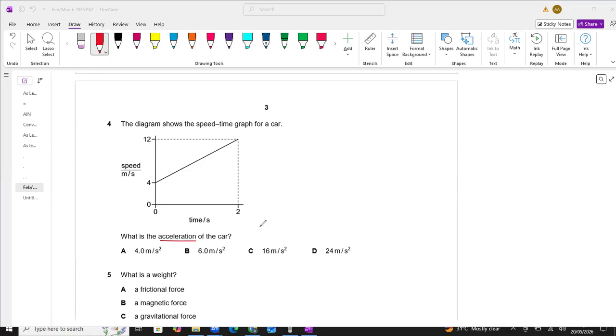I'm repeating, acceleration we can determine by the gradient of the speed time graph. And to find the gradient, we need 2 points. So now you can see this is a straight line. A straight line will have a constant gradient, but we can take the values at the initial point, which is 4 meter per second, or at the final point, that is 12 meter per second.